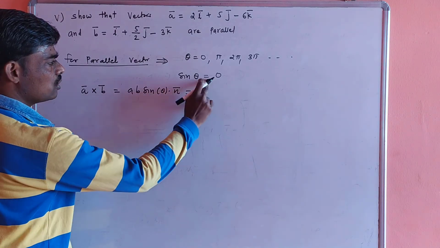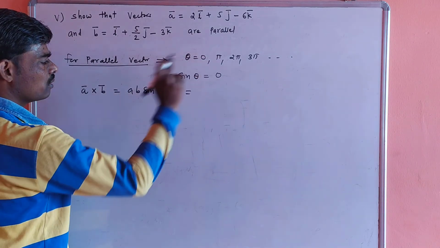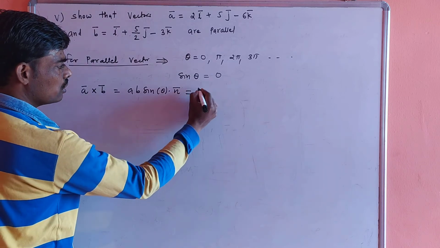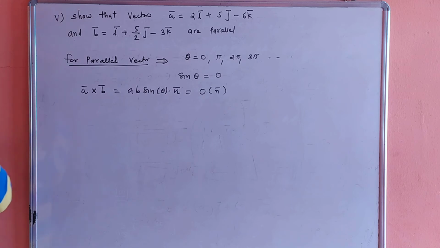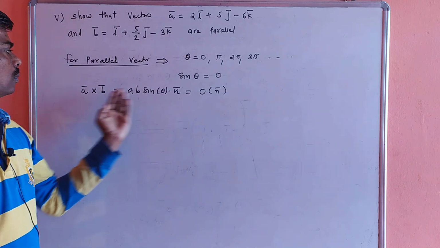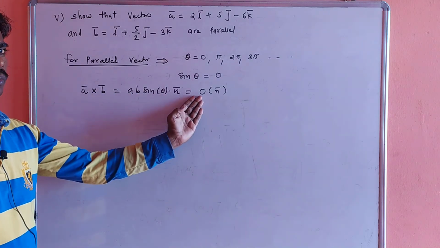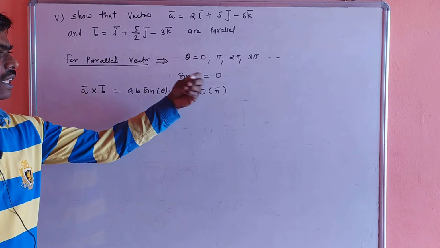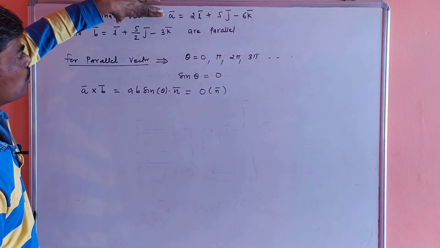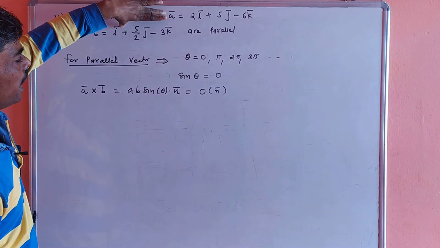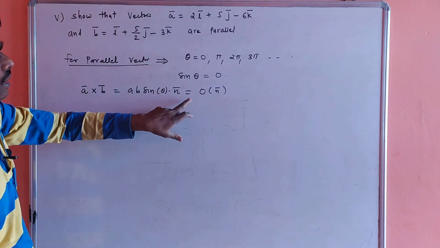So sin theta is 0 here according to the condition for parallel vectors, so this complete term becomes 0. The magnitude of the cross product of these two vectors is 0, or we can say that it is a null vector.